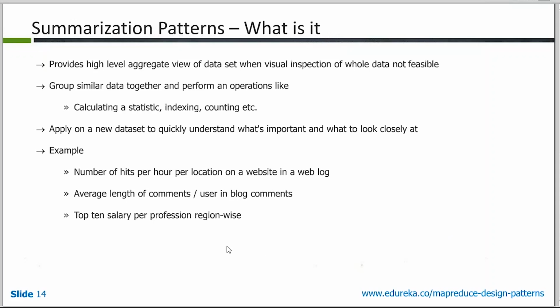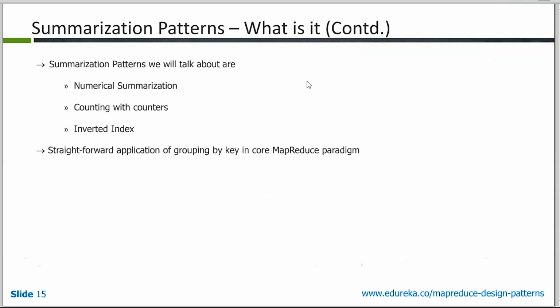Some quick examples would be the number of hits per hour per location on a website in a weblog. You want to understand per location how many hits there are on your website, and then based on that you want to do further analytics. You may want to run a campaign targeting the locations from where more users are coming, so on those locations you will take further action.